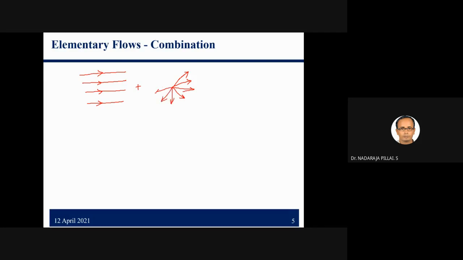And we had a discussion like this, and the source flow is a kind of Rankine half body.